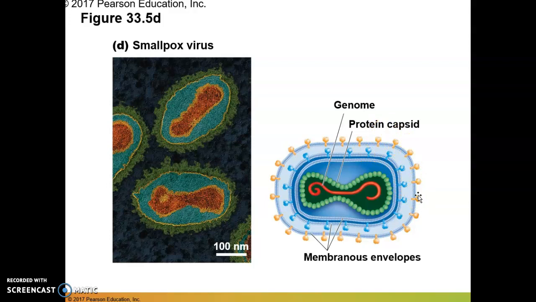Those envelopes are made up of a phospholipid bilayer, just like our plasma membrane, but we don't call it a plasma membrane because that would indicate it is a cell. On that envelope, we also have proteins. And those proteins are going to become very important in getting into a cell.